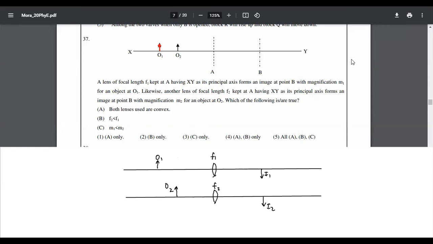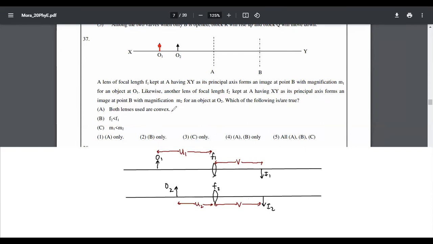For both, what is common, people? Image distance is common, no? V, same V. But they are going to have different object distances. U1, here, U2. Both lenses used are convex.